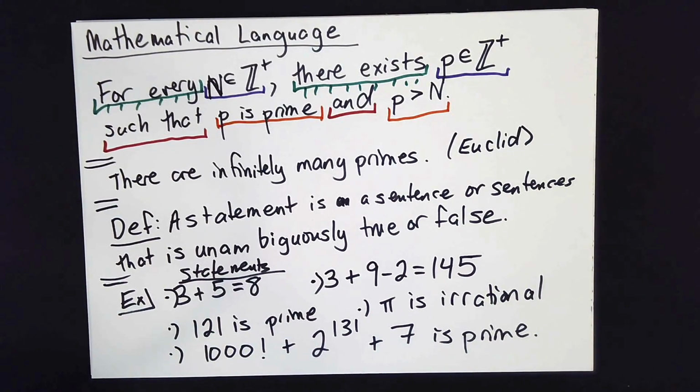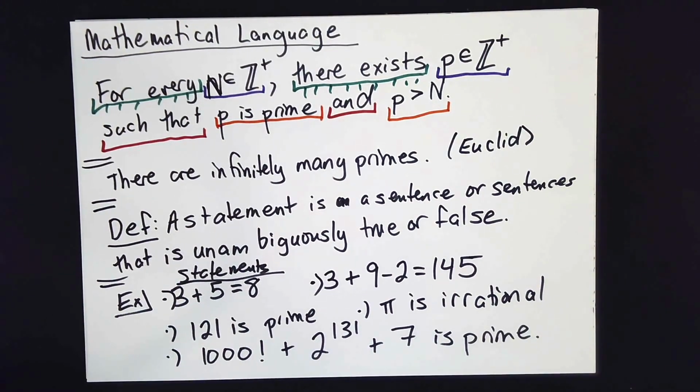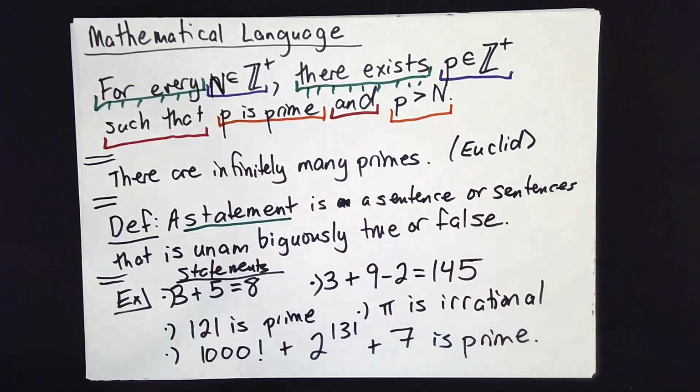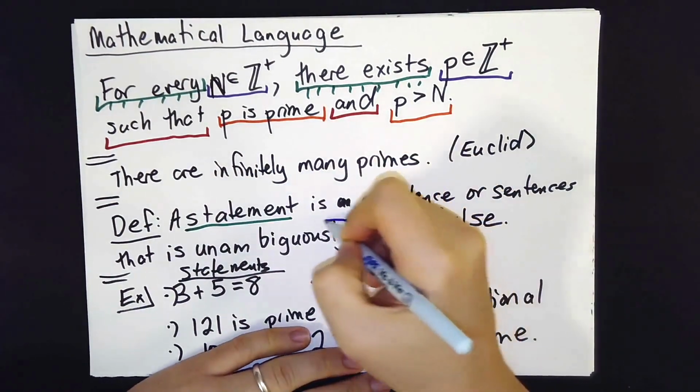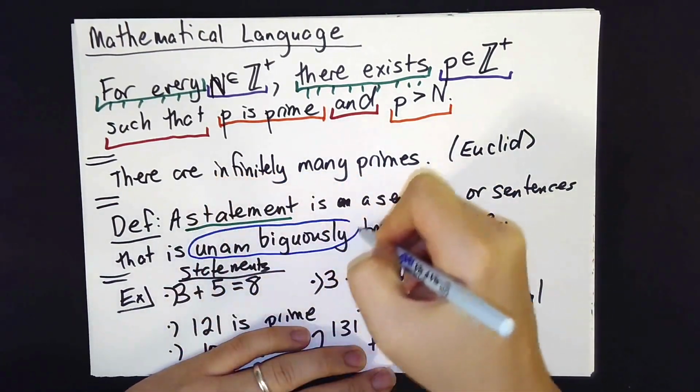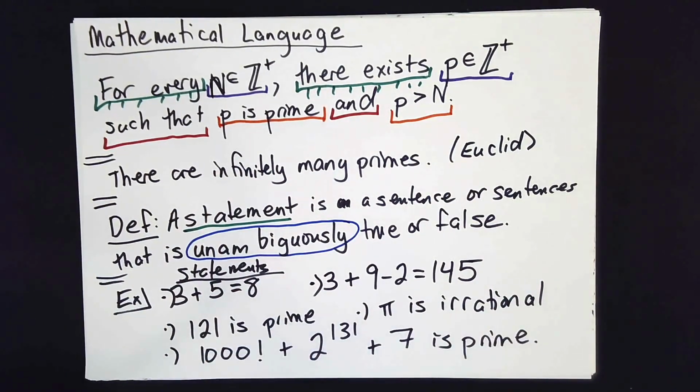But it's ridiculously gigantic, and probably you don't want to go figure out whether it is true or false. I just know that it is unambiguously true or false. And so the essence of this lives in the word unambiguously. We need to make sure when we're talking about statements that there is no possibility that it's unclear whether the thing is true or false.